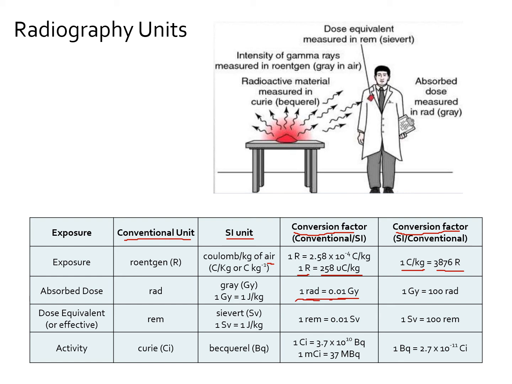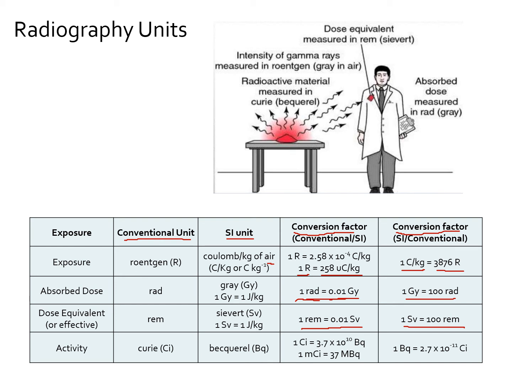So 1 gray would end up being equal to 100 rad. So you can use either one of these conversion factors when you're converting between a rad and a gray. With the dose equivalent, conventional unit is a rem, the international unit is a sievert, and 1 rem is equal to 0.01 sieverts. If I divide both sides by 0.01, I can get 1 sievert is 100 rem.